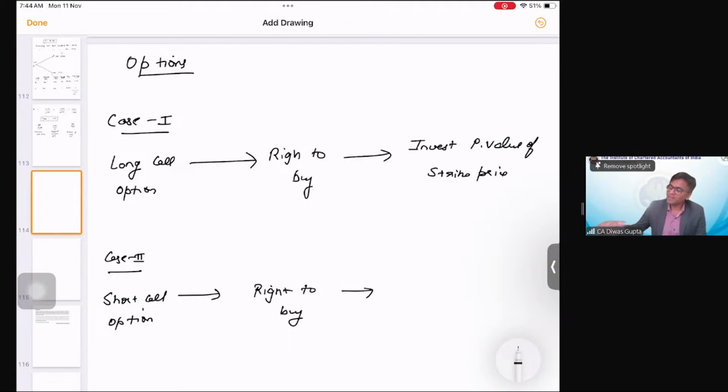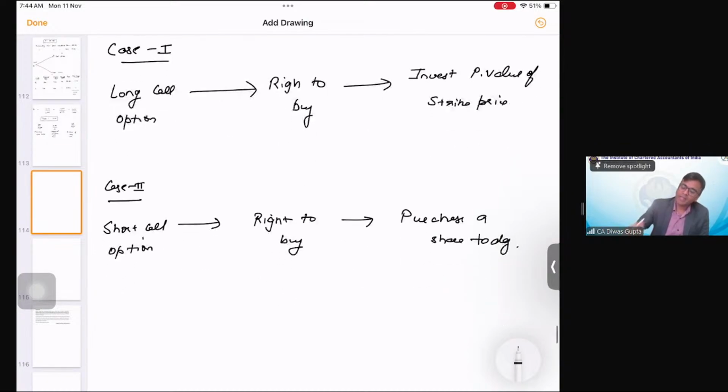No, why borrow? In a way, you are right, but the intermediate step will be to purchase a share today. Reason being, if you purchase a share today and tomorrow the option is exercised, you will give that share to the option holder and hence your option will get exercised. For purchasing this share, yes, you will have to borrow.